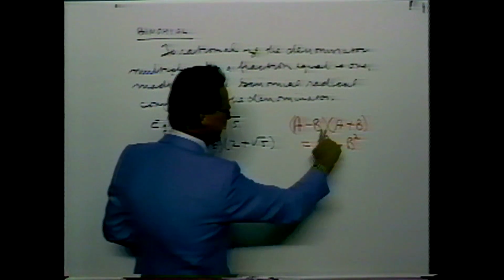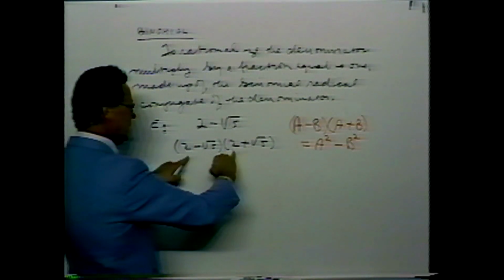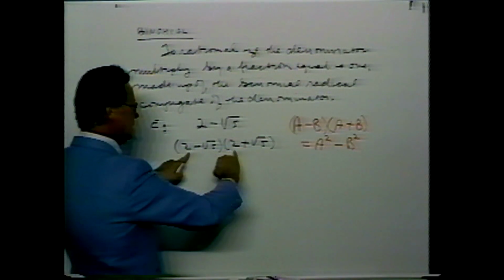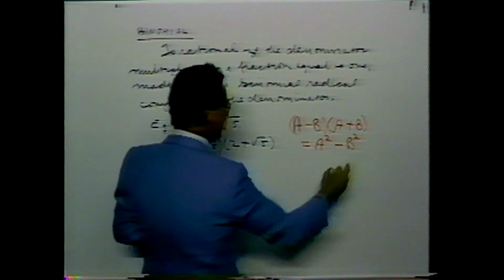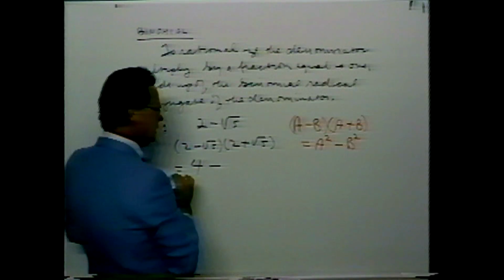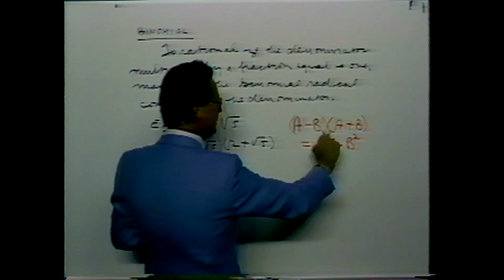a squared, and this is where a is, and so 2 times 2, or 2 squared, is 4. The rest of it contains a minus sign followed by b squared, or b times b.